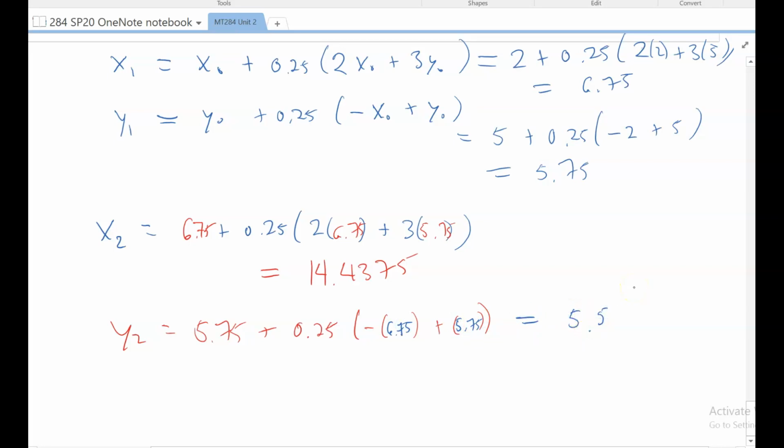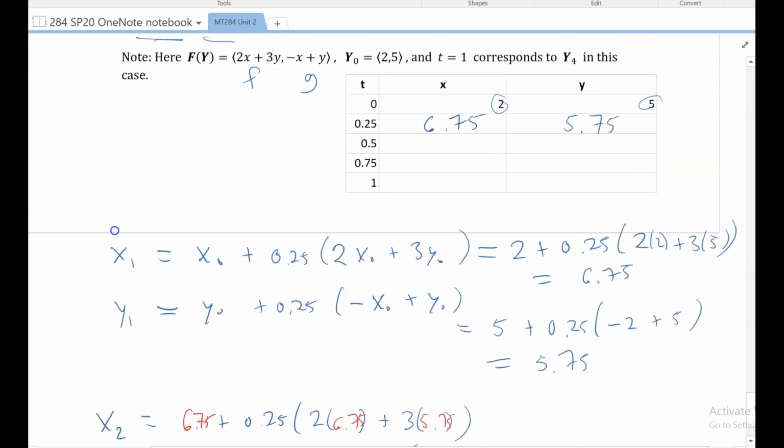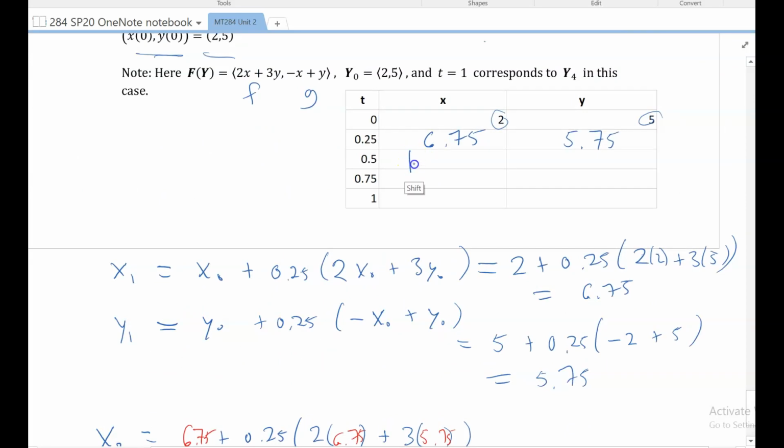So that's the next step using Euler's method. Okay, so when we get up here, 14.4375 and 5.5, and then we would reiterate that 2 more times, doing the same very similar set of steps here with our new x and our new y value.